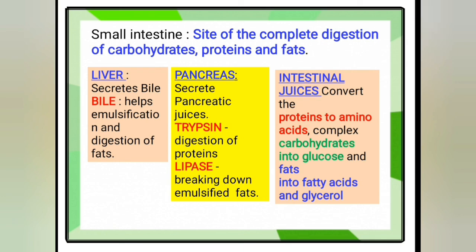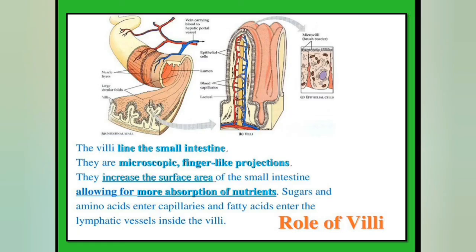So the protein is broken down into its molecular form, that is amino acid. Then carbohydrate will be broken down into glucose, and fat is going to be broken down into fatty acid and glycerol. So by this, all the protein, carbohydrates and fats get digested.